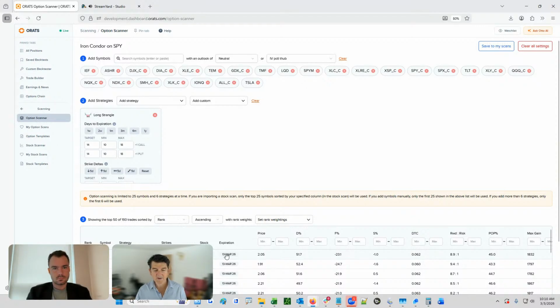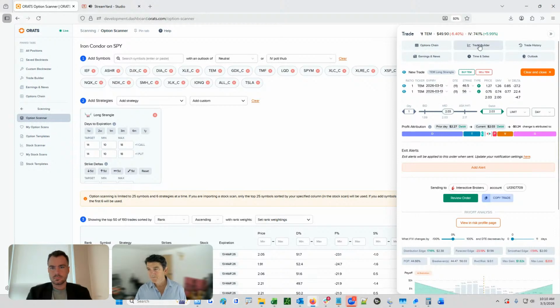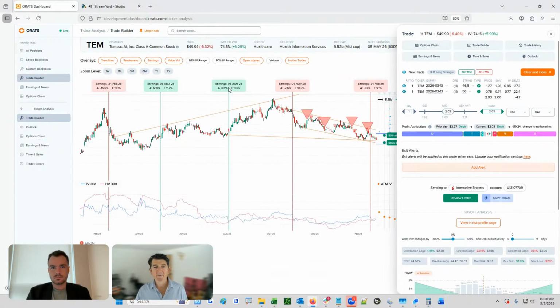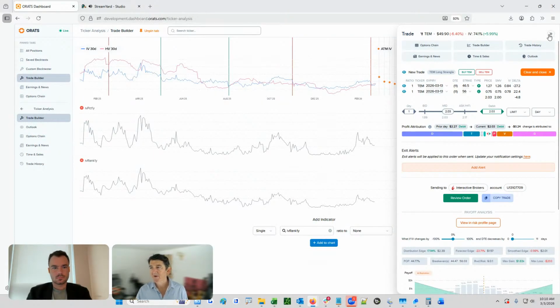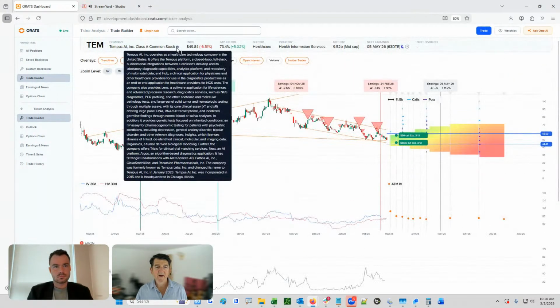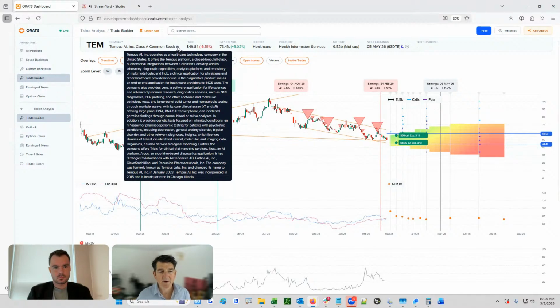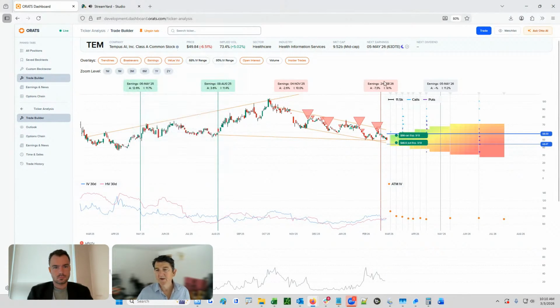So let's look at this TEM. First of all, I like to go to the trade builder because I'm not that familiar with TEM. You could mouse over it. It's a healthcare technology. We're seeing some DNA and RNA, so probably we don't want healthcare.